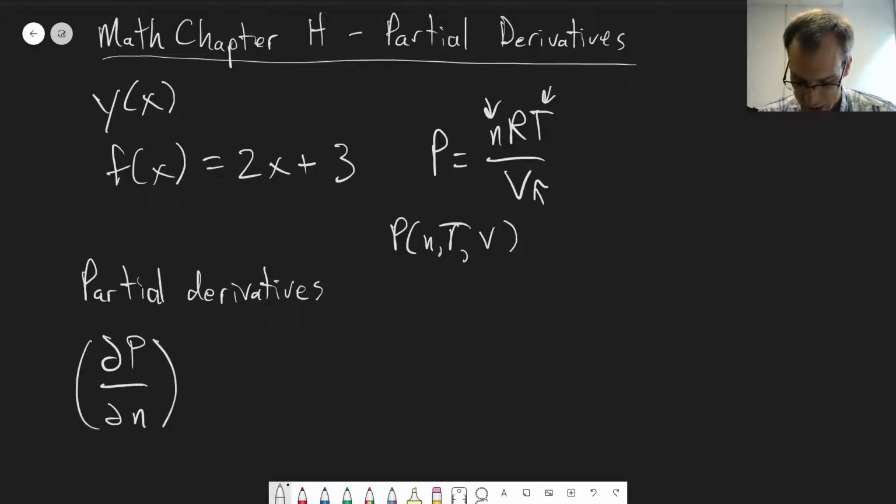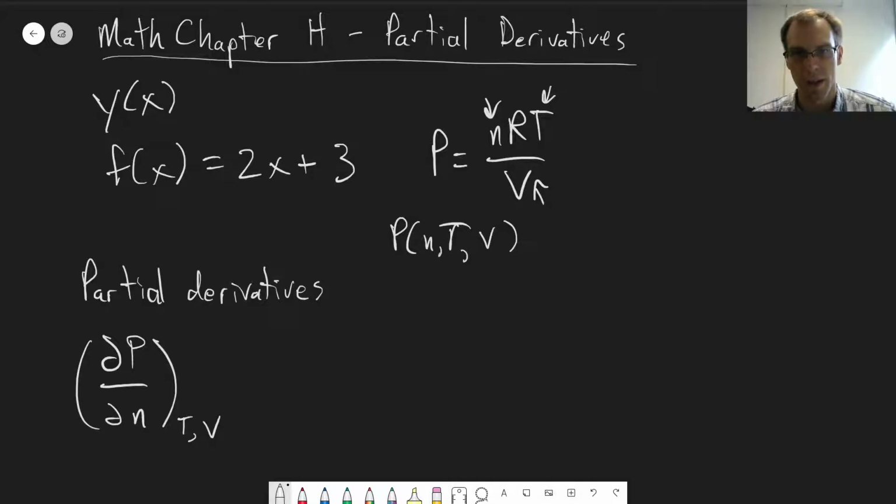Then we put parentheses around it, and as subscripts, we list the variables that are being held constant. In this case, we're holding temperature and volume constant, but we are taking the derivative with respect to the number of moles n.